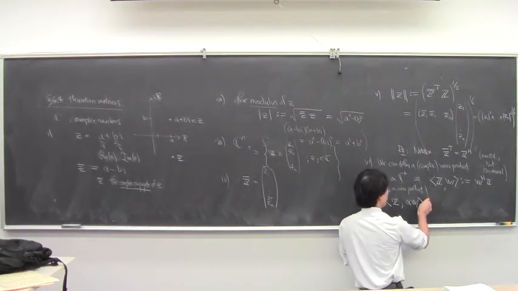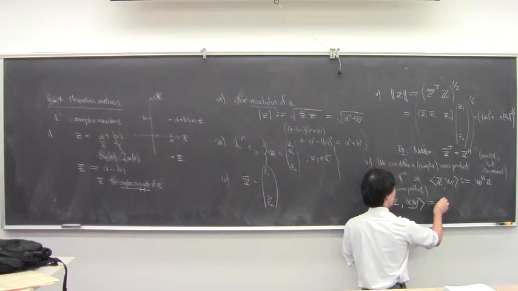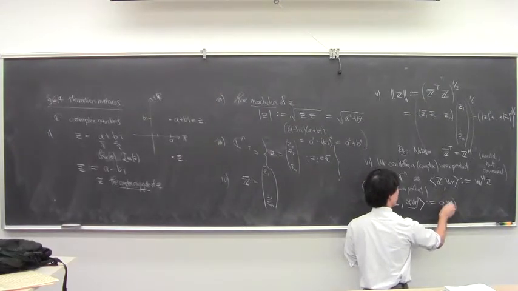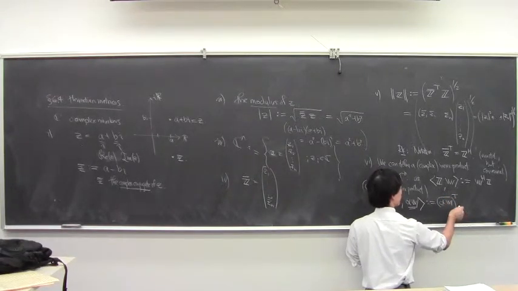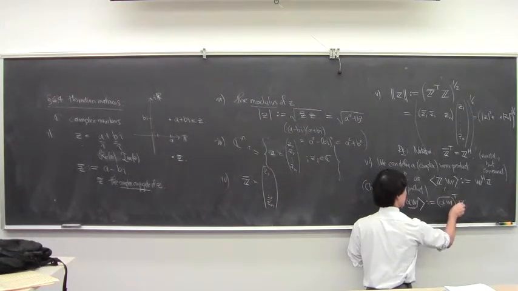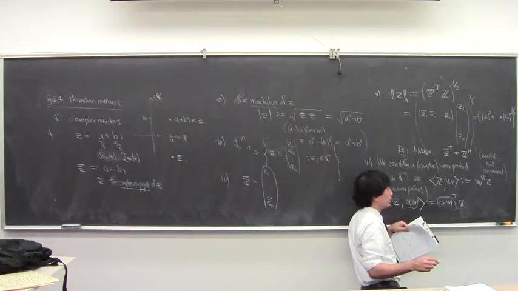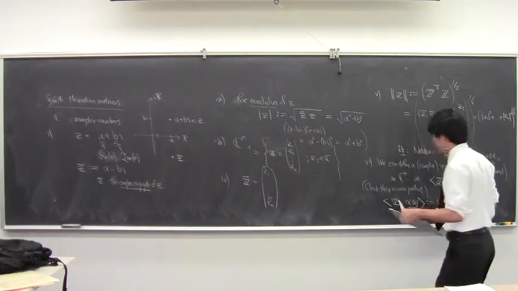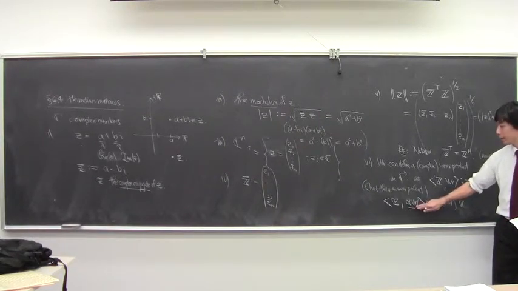If we use the definition, we're going to get alpha W conjugate transpose times Z. So what should happen? If you scale the second vector by multiplying each of the components by some number.